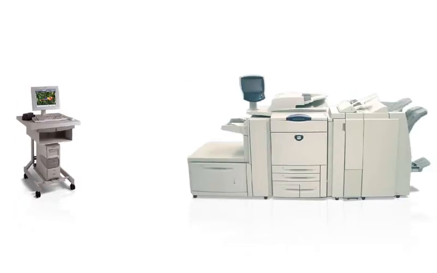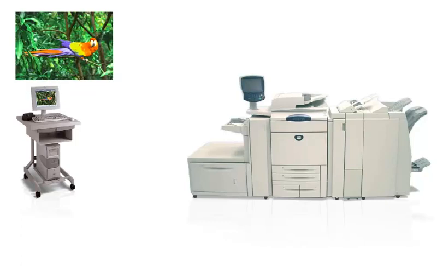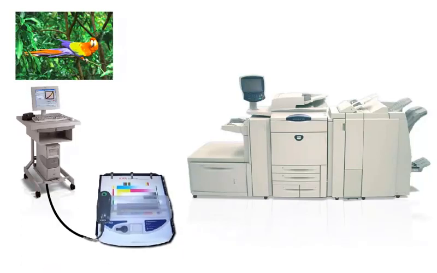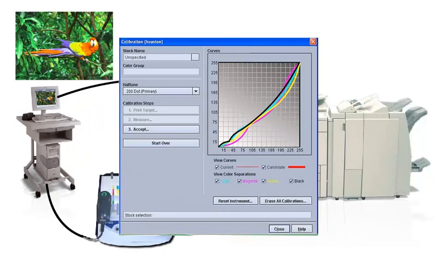This deterioration can be fixed by a process known as calibration. Calibration is measuring and adjusting the performance of a device so that it performs as the manufacturer intended. A properly calibrated machine helps us predict the output colors because we know it is performing as it should be, as measured against the standards the manufacturer set for that device.